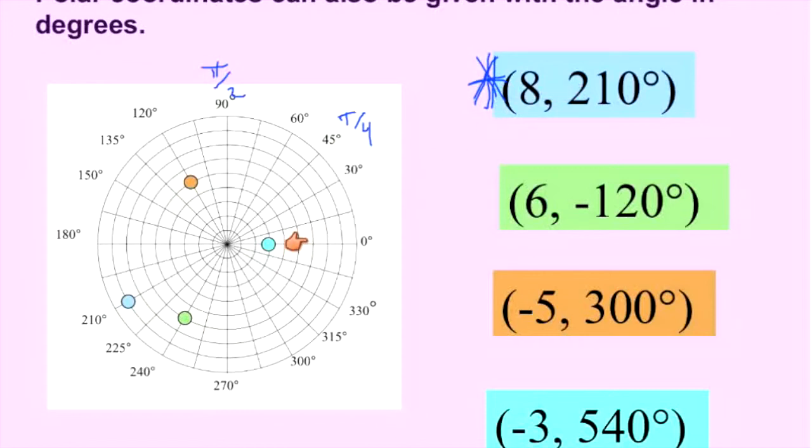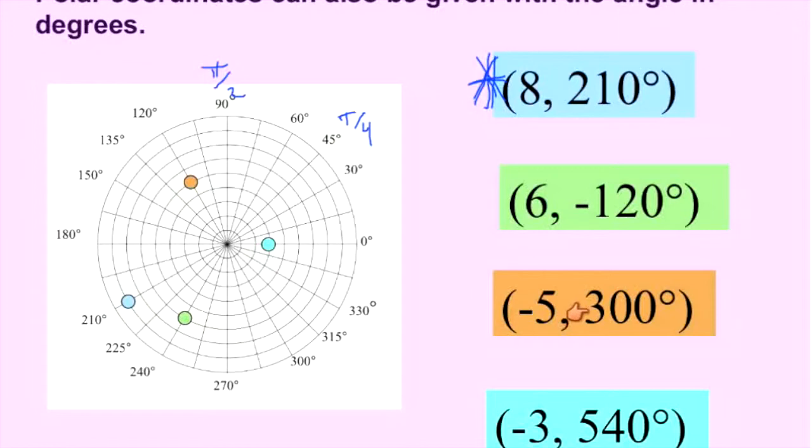We start at 0, go around to 210 degrees, and then count out 8 spots: 1, 2, 3, 4, 5, 6, 7, 8. We get our blue point. Negatives work the same way. If it's 6, negative 120, instead of going in the positive angle direction, you would go in the negative angle direction and then go 6 spots out.